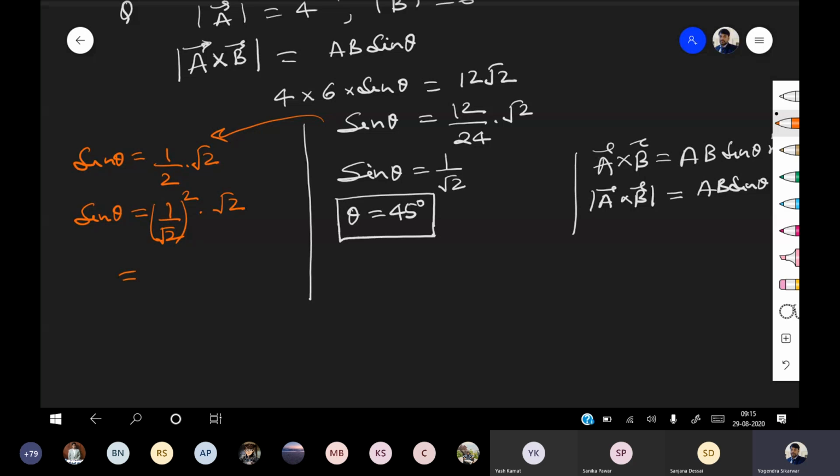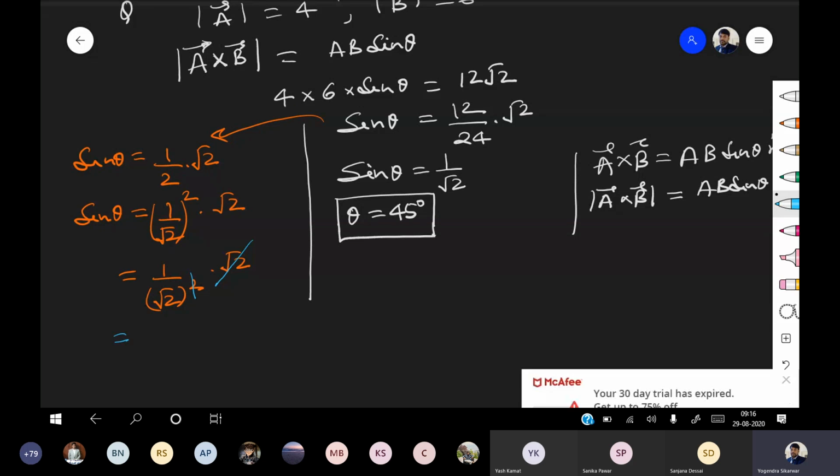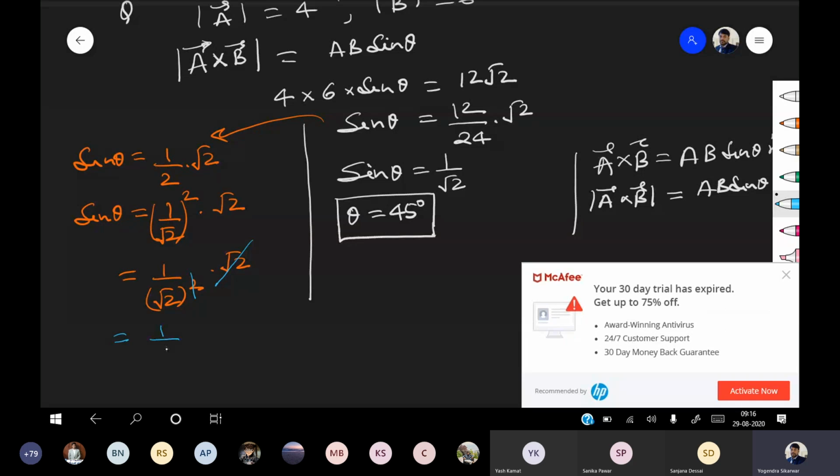That means what? Let me play with solution. 1 by root 2 whole square into root 2. Okay. Now what I can do? I can cancel 1 root 2 with 1 square. Okay. And that becomes 1 by root 2.